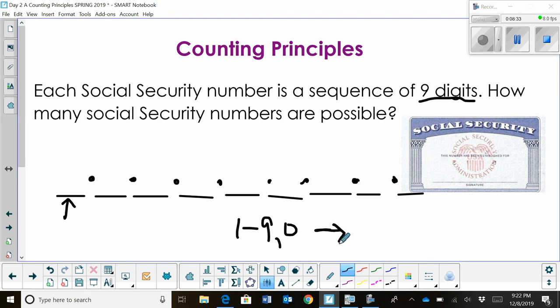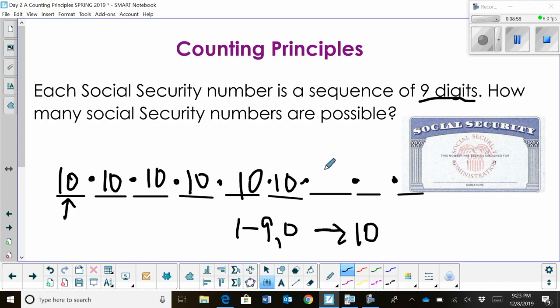So you actually have 10 different numbers to choose from, including 0. So the first digit could be 0. It doesn't say it can't be. So I have 10 choices. How many choices do I have for my second digit? I have 10 more choices because I can repeat numbers. So I'm going to have 10 choices for all 9 positions.